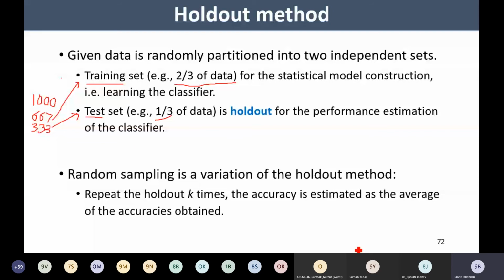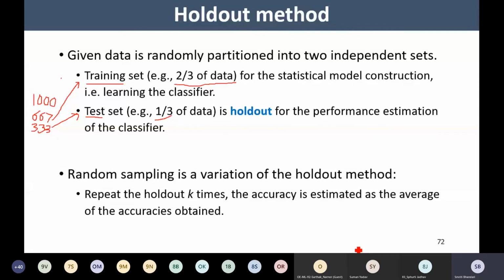So two drawbacks. One is if my data set is very small, then I cannot afford to hold out some part of the data as a test set, because I don't have that many samples to partition into training and test sets and still get good results. The second drawback is that with this strategy we experiment only once with one set of training data and one set of test data.